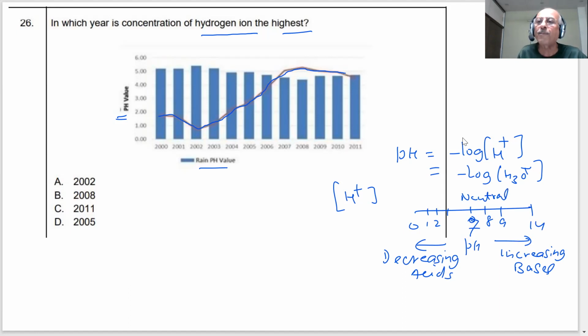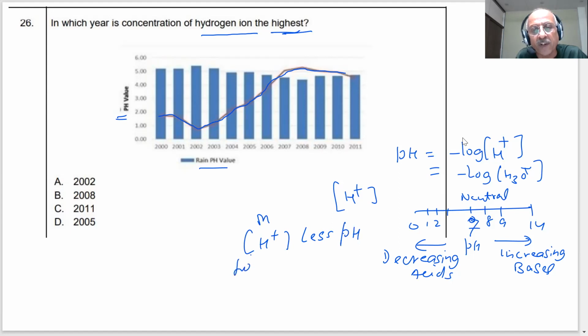So the more the pH, the lesser is the hydrogen ion concentration. More acidic means what, students? Highest hydrogen ion concentration means less pH.